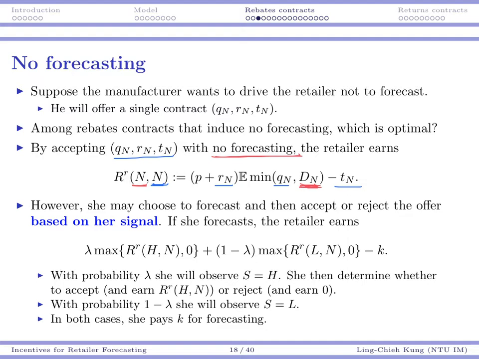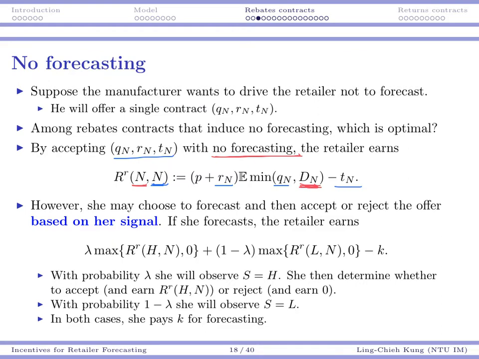Okay, so with lambda and 1 minus lambda as the weights, this part is the expected profit. Then we subtract k from it, which gives the expected net profit as the retailer's earning under this contract with forecasting.